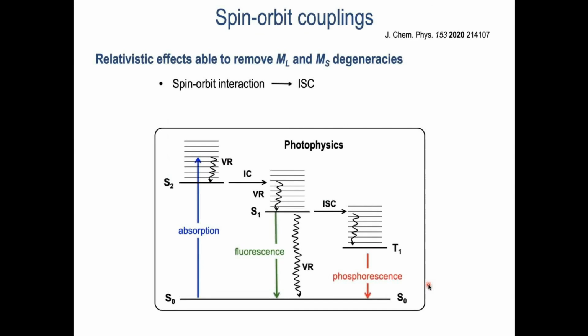Okay, finally, let me tell you a little bit about a very recent implementation, which is the computation of spin-orbit couplings between states computed with RASCI, which is of course interesting if, for instance, we want to do photophysics, and in particular if we want to study intersystem crossings.